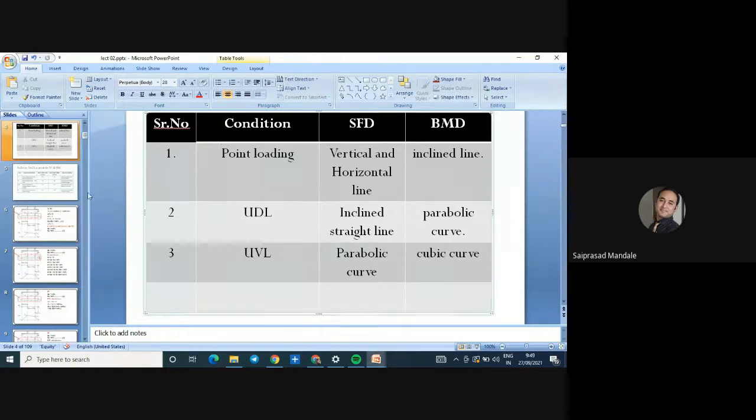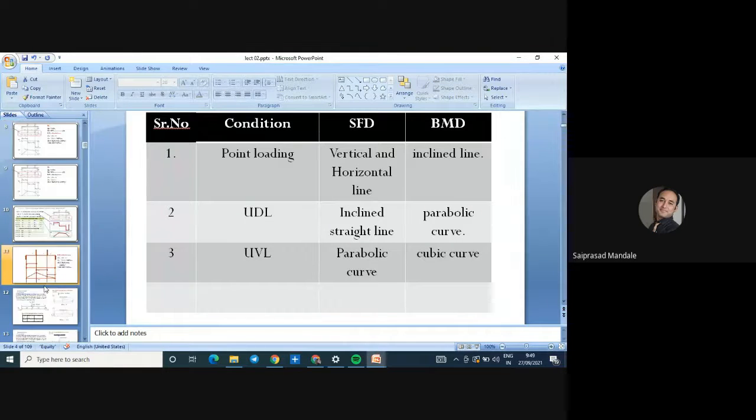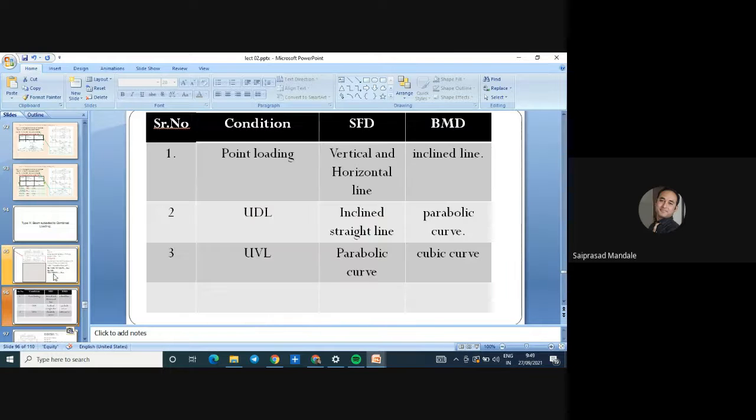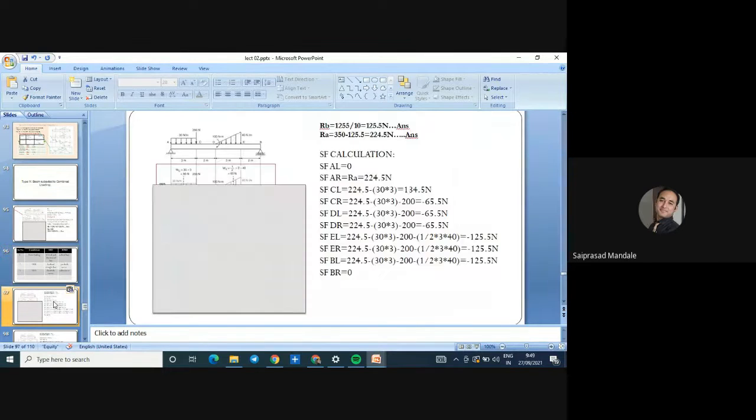Let me copy this slide and put it here. I wish to draw the shear force and bending moment diagram. As per the convention, when there is a UDL, I have to draw an inclined line.